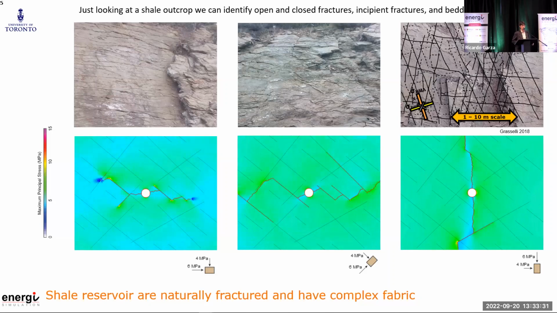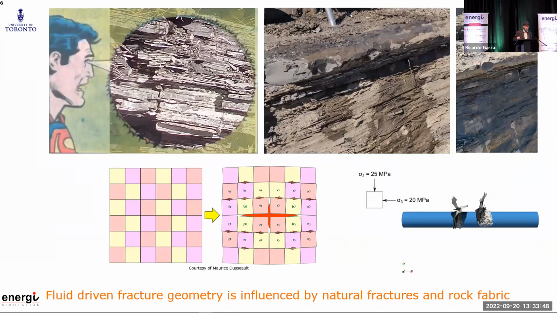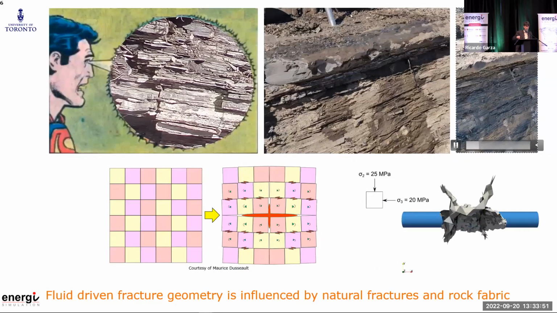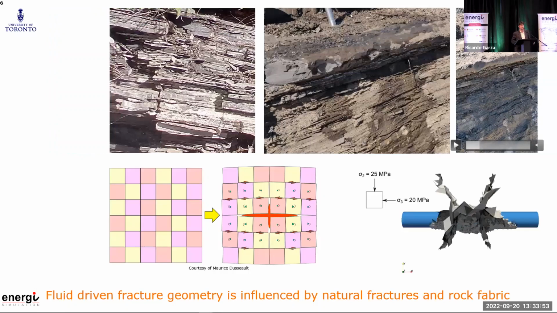You can go from pseudo-horizontal to vertical. But no matter what you do, the fractures play a key role in the geometry that you obtain during the fracturing process. Oops, go back one. Let's get Superman away.